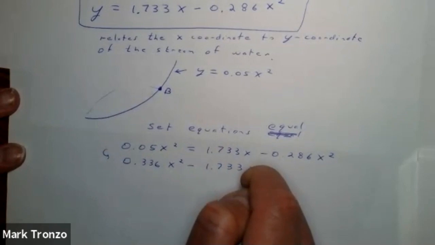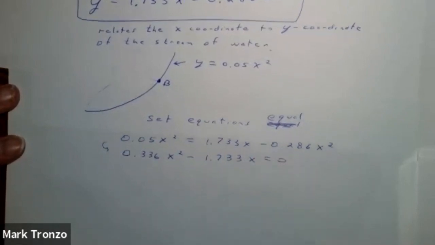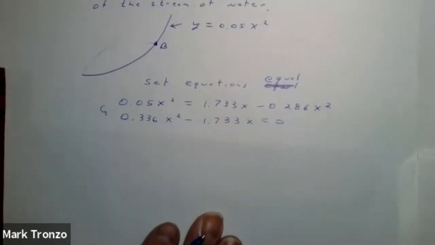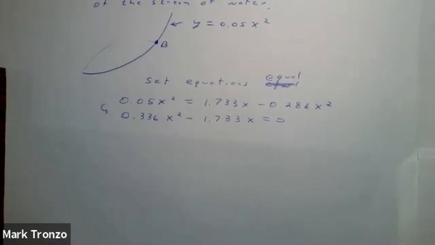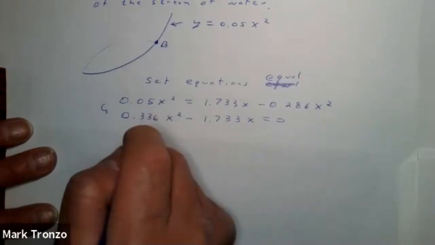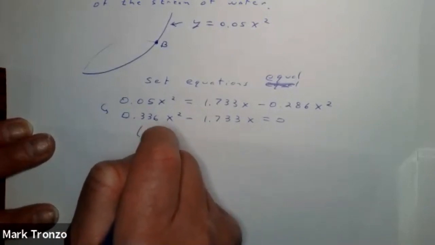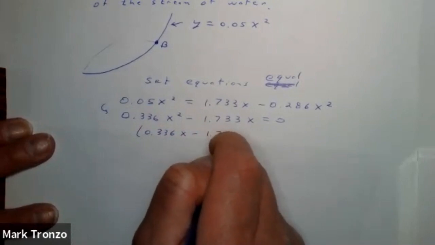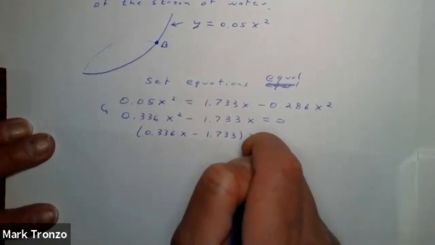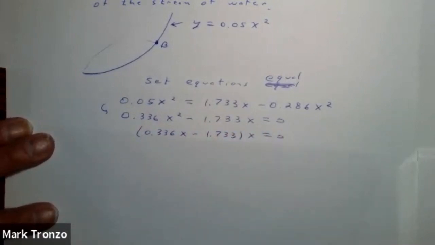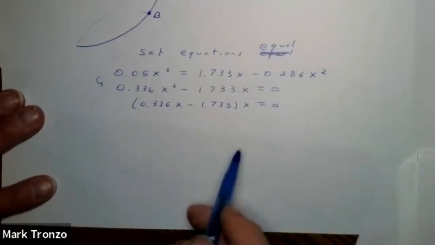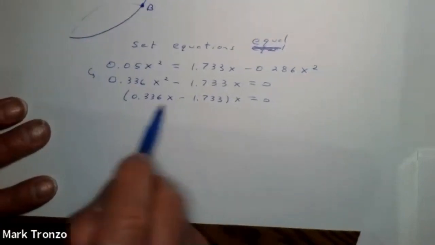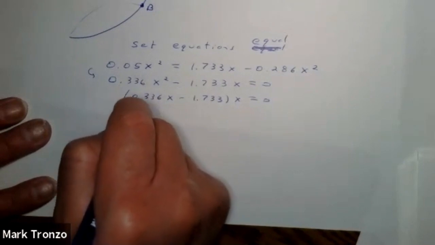I brought everything over to the left. That's probably the easiest thing to do. And now I'll just solve for x. So we can factor out the x again. And so once again, the solution is going to be x equals 0 or when this thing's 0. So set this one equal to 0.